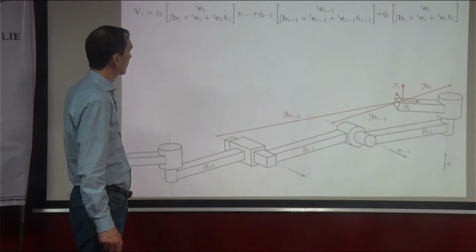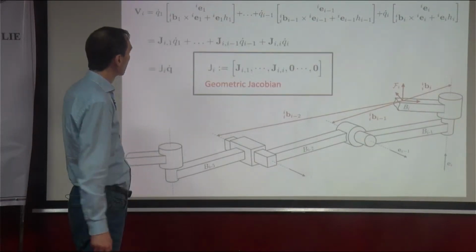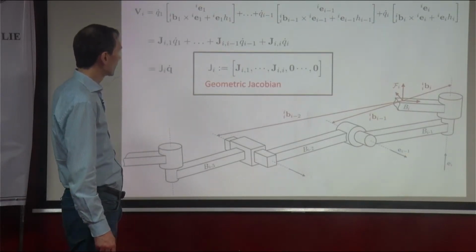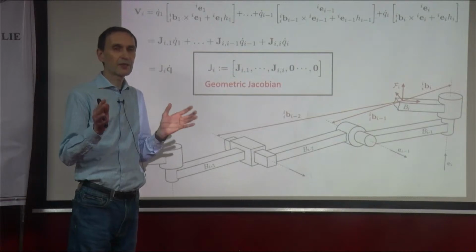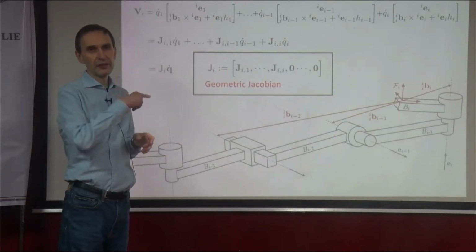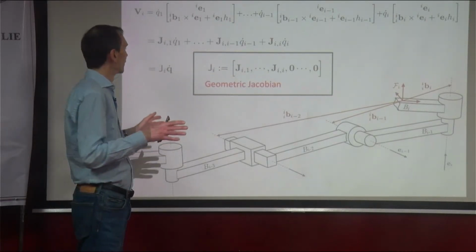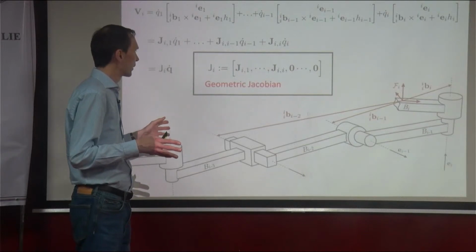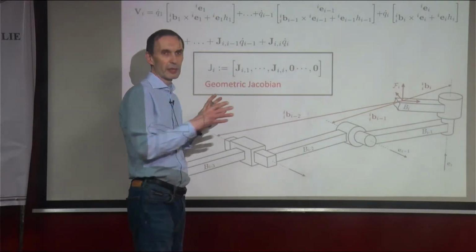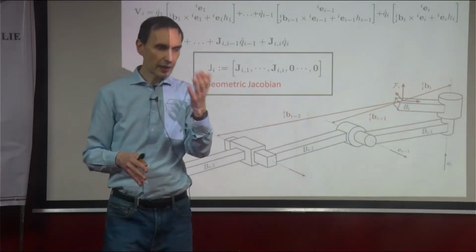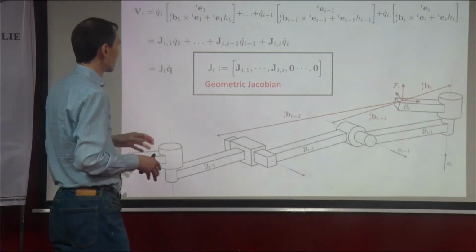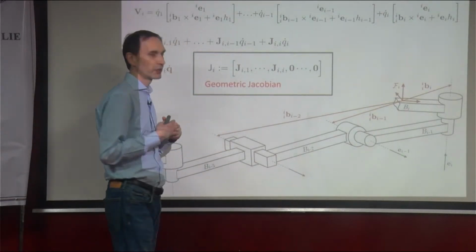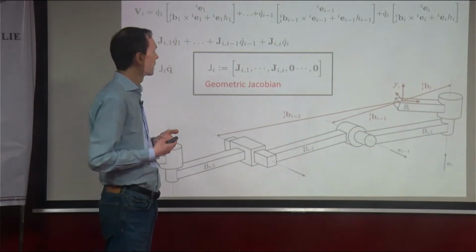To make life easier, we put all this in a big matrix, and that's actually the Jacobian you referred to, because the whole matrix is called the Jacobian matrix.